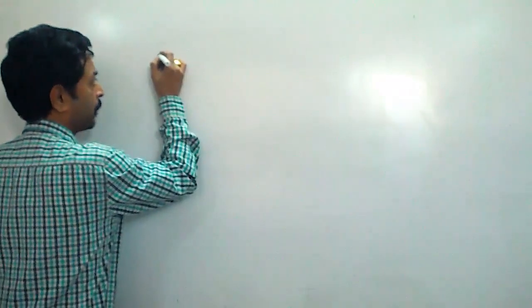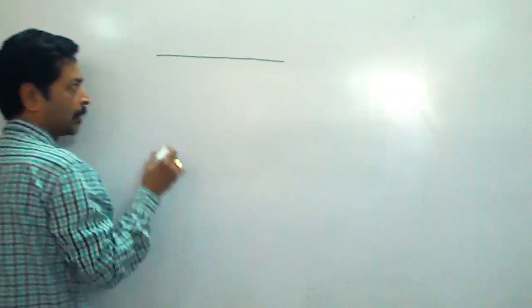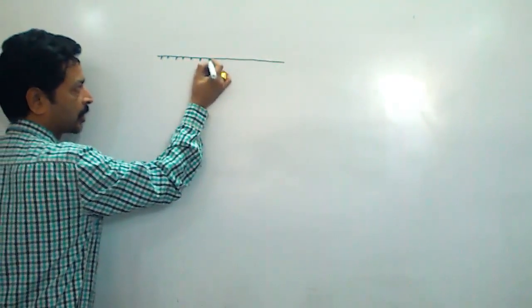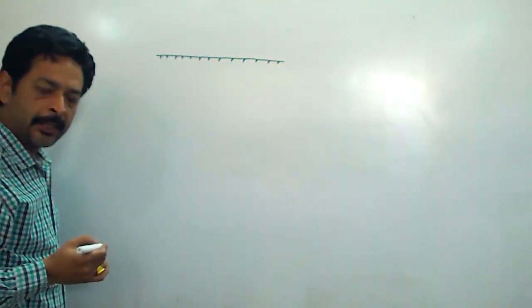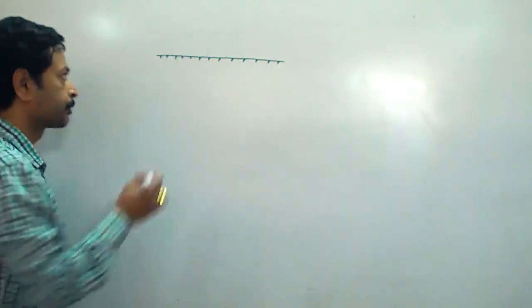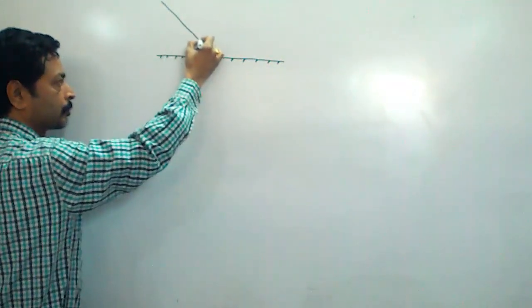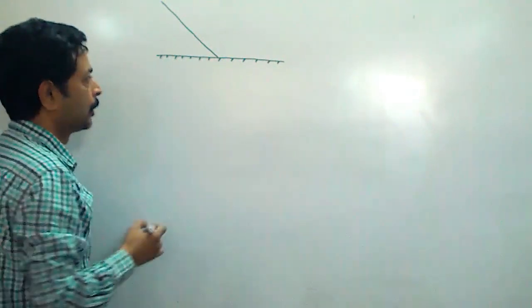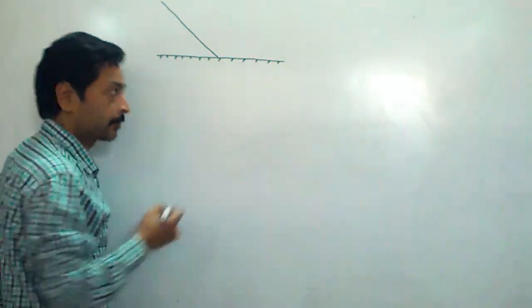Suppose we are having this plane mirror with the short oblique lines on one side. Suppose an incident ray falls on the mirror obliquely, making an angle of 30 degree with the mirror.